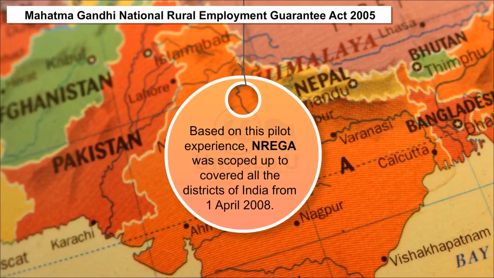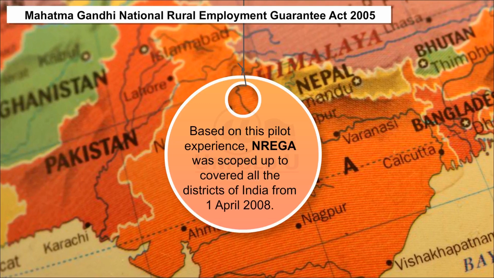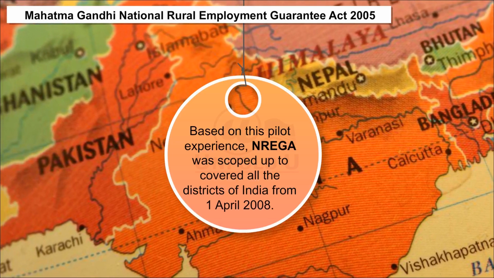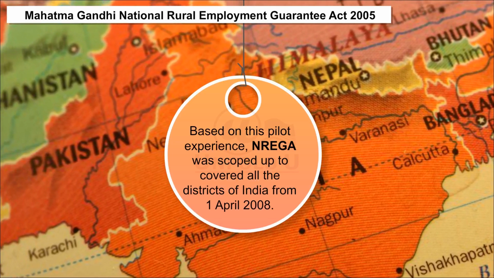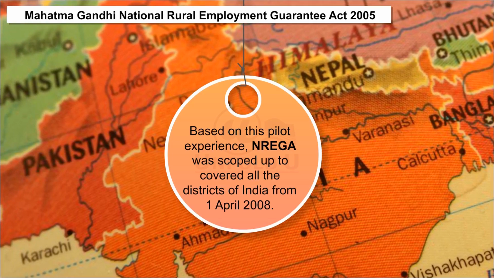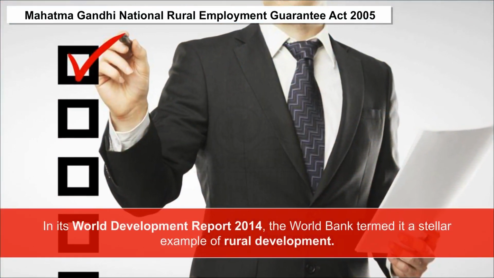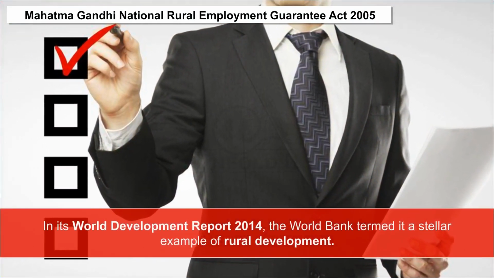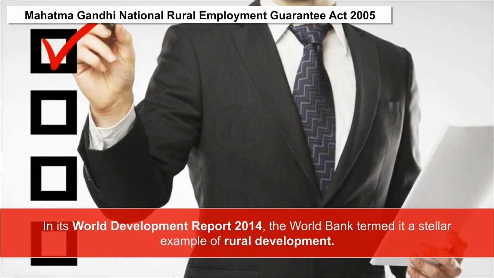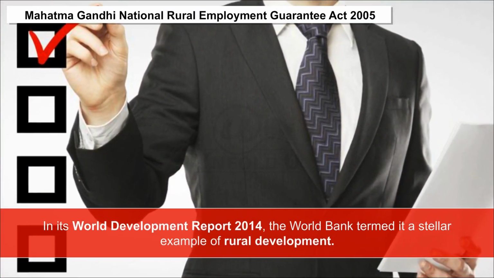Based on this pilot experience, NREGA was scoped to cover all the districts of India from 1st April 2008. In its World Development Report 2014, the World Bank termed it a stellar example of rural development.